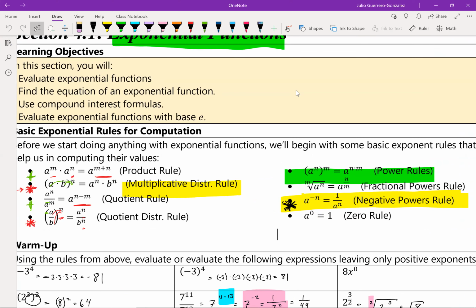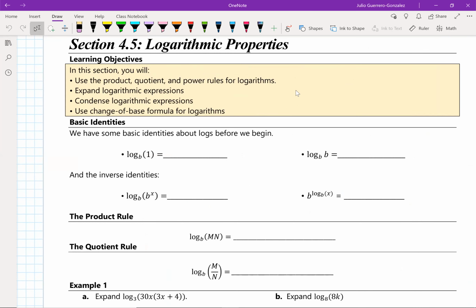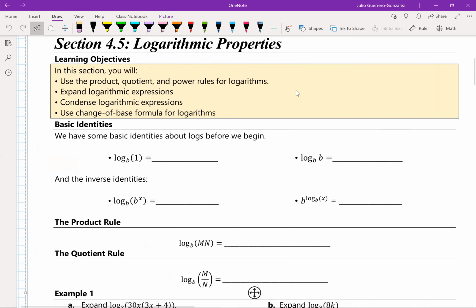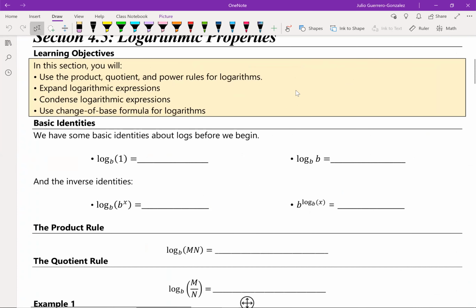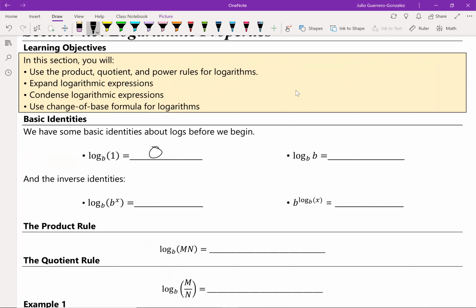There are equivalent ones for logarithms, and they tie into the exponent ones pretty nicely. So I'm just going to go through them really quick, and later for your lecture questions you'll be able to use them and see how you can employ them in expressions. The first one, log base b of 1, is always going to be equal to 0.